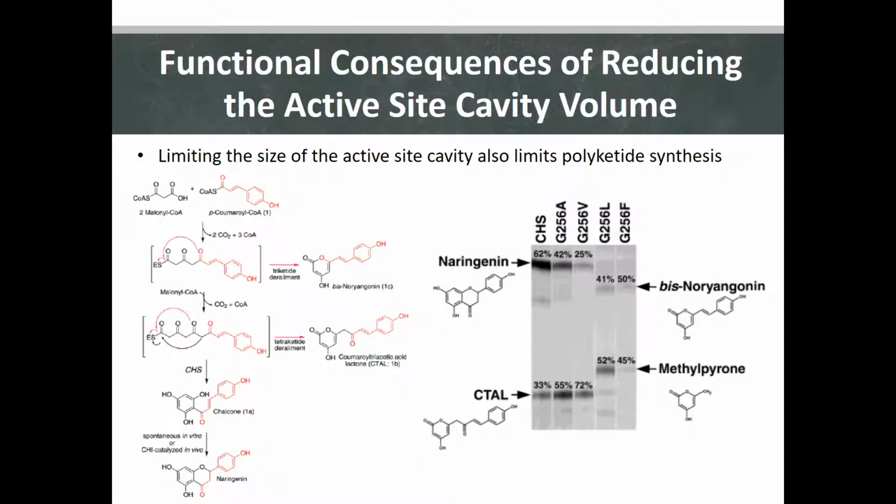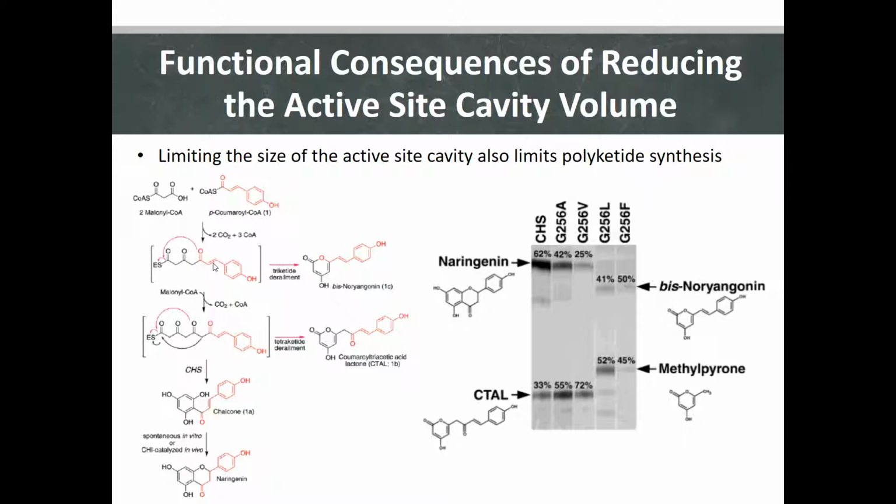Okay, let's actually look at the mechanism and tie it to the actual data. So first, if we look at the mechanism for chalcone synthase, you're going to start with malonyl-CoA, and then there's going to be a condensation reaction with this molecule that is going to lead to the formation of a triketide molecule.